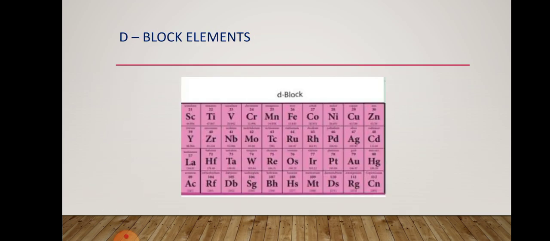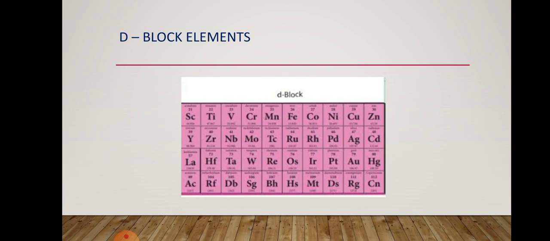Now, I would like to discuss d block elements. The elements in which the last electron enters the d orbital are called d block elements.